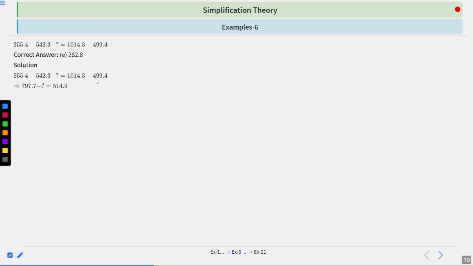When we subtract 499.4 from 1014.3 on the right hand side, we get 514.9. We need to calculate the value of the question mark, so we change the sides. So the question mark is equal to 797.7 minus 514.9. So we get 282.8, which is the correct answer.